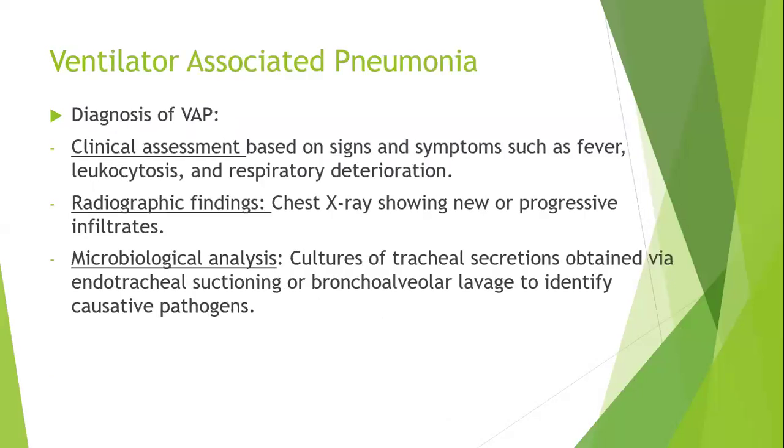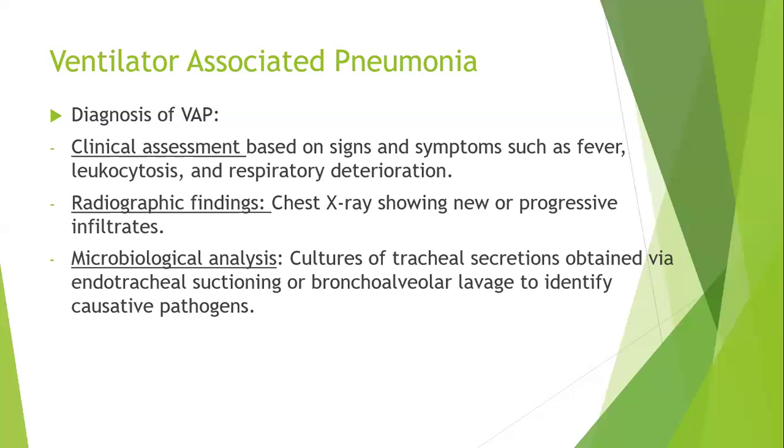So how do you make a diagnosis? Your patient has fever, has been on a ventilator for more than 48 hours, and you're thinking this patient has developed ventilator-associated pneumonia. You want to look at the clinical assessment, what is the temperature and all that. You want to look at leukocytosis and the patient requiring higher ventilatory support.